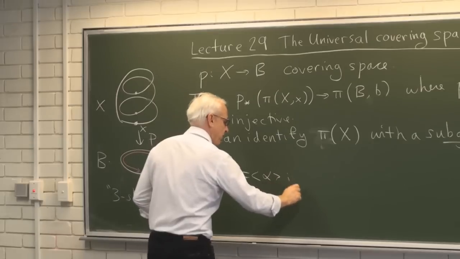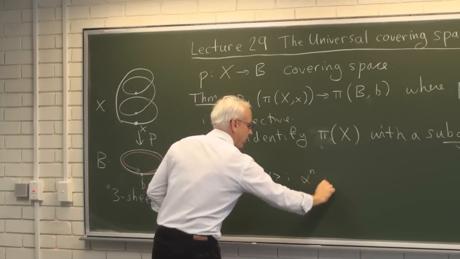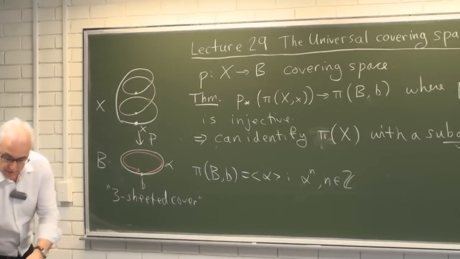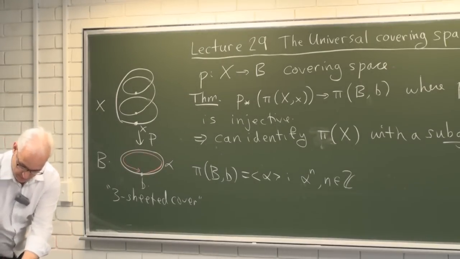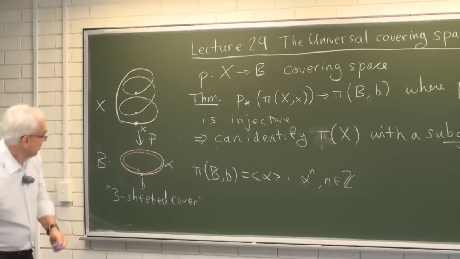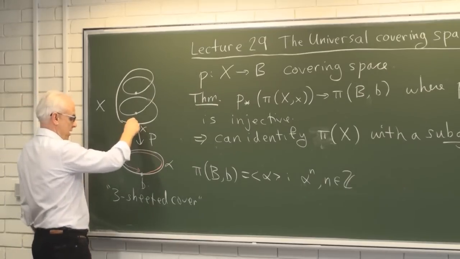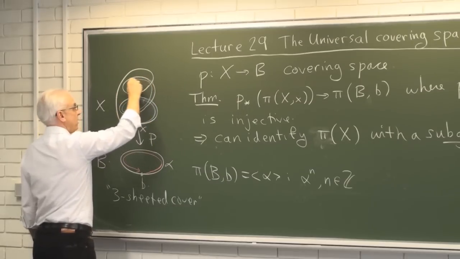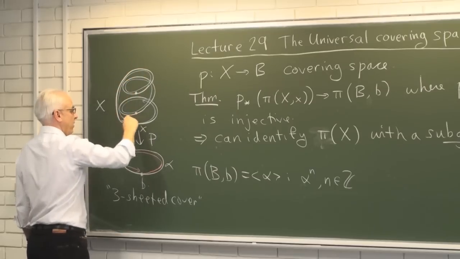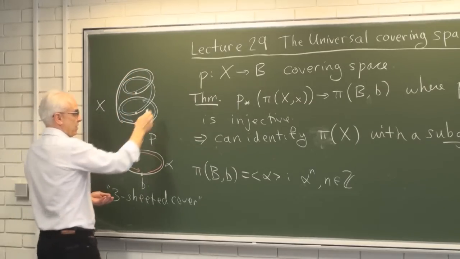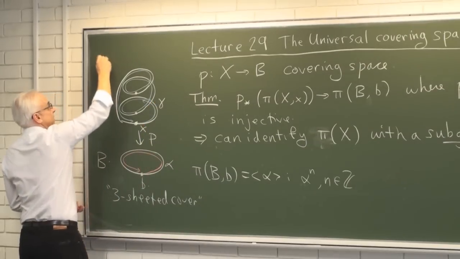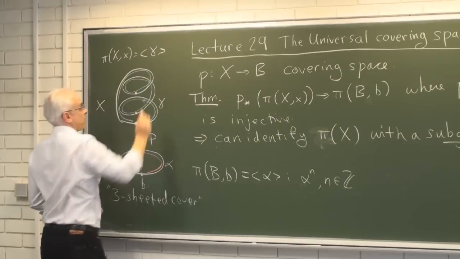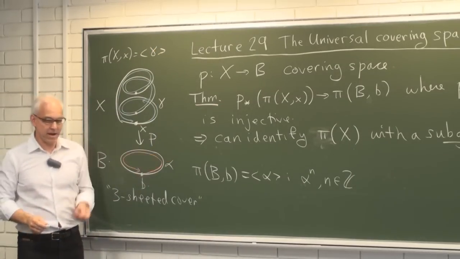In other words, it consists of all powers alpha to the n, where n is an arbitrary integer. And upstairs, we have also a single generator starting here, and let's go around the same direction. So in this direction here, go all the way around. This is a loop, okay? And we'll call that loop, say, gamma. So the fundamental group of X, with respect to X, is also generated by gamma, in the same way that this fundamental group is generated by alpha.